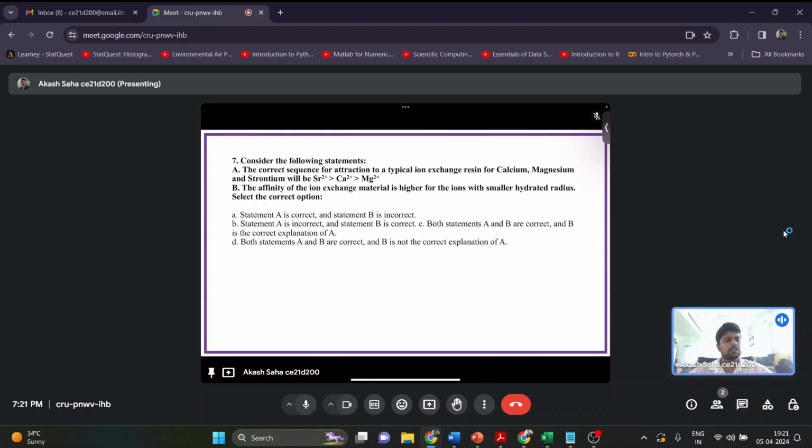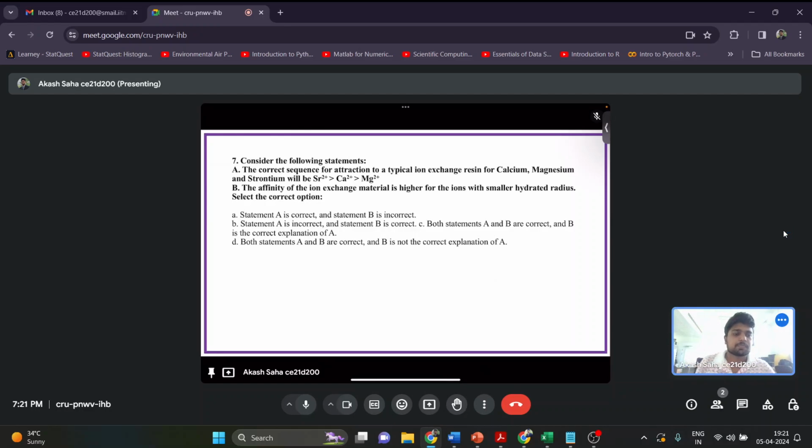So here we have to bring the periodic table into the picture. As we go down in a column, mostly the charges will be the same, whether plus 1 or plus 2. If we look down the column of calcium, magnesium, and strontium, the unhydrated radius will definitely increase as the number of electrons in the atoms increases.